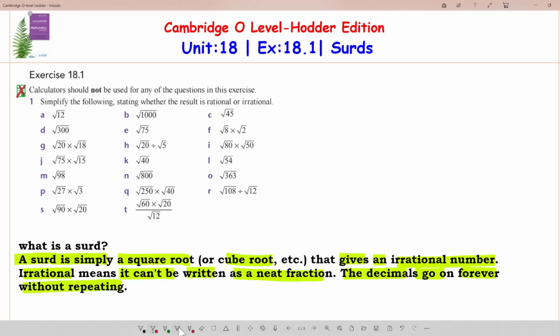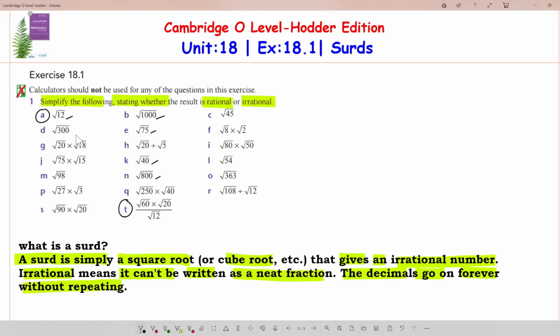In this video we are going to simplify the following, stating whether the result is rational or irrational. Here are lots of questions, A to T. Some roots are single, like root 12, root 1000, root 75, root 40, root 400, 800. These kinds of roots we will do in one episode.